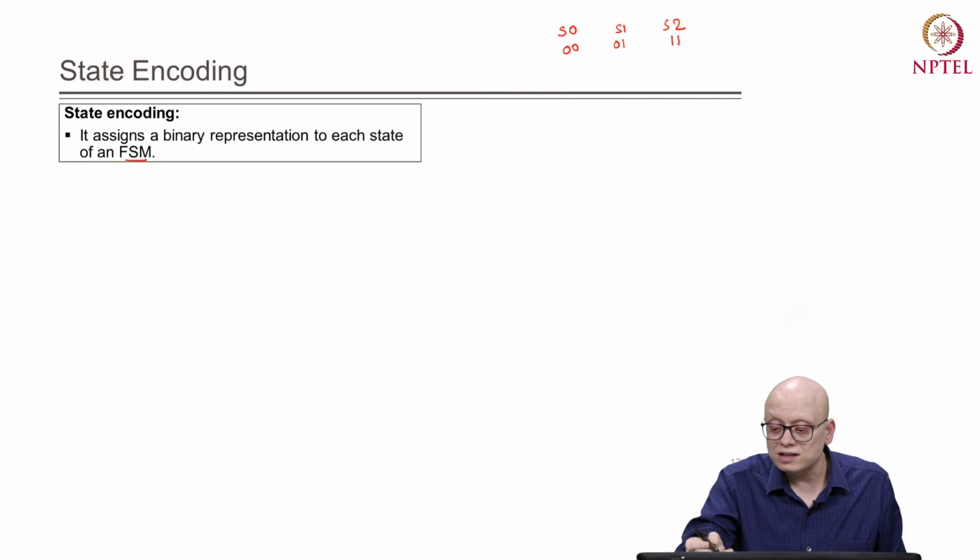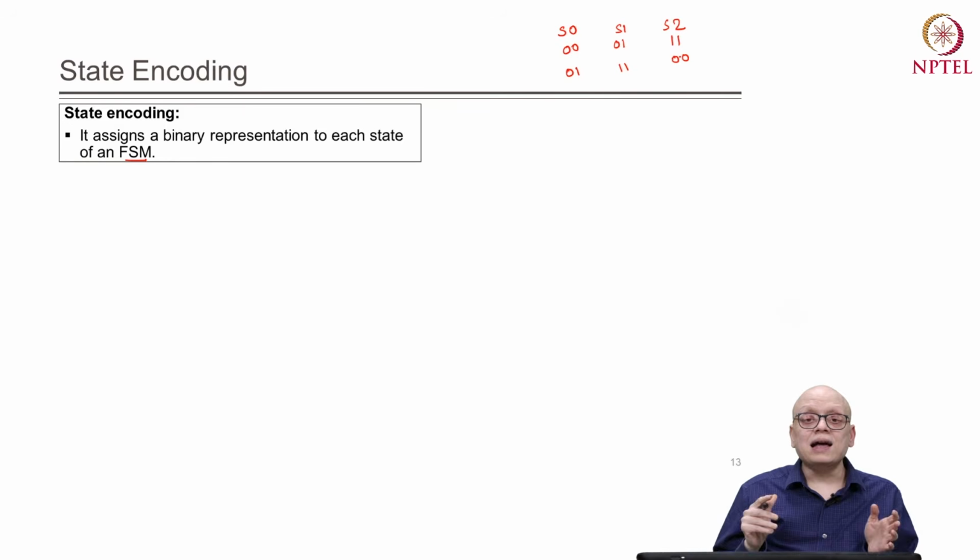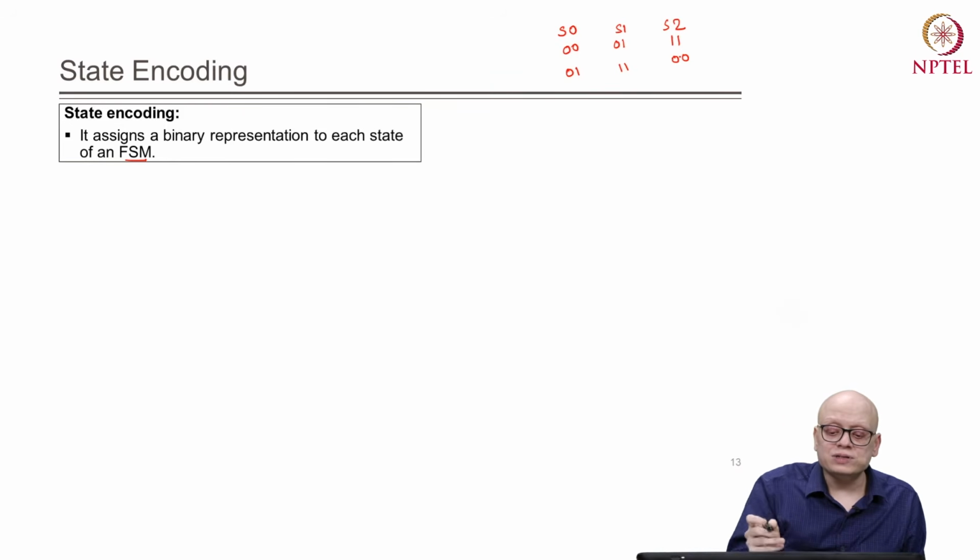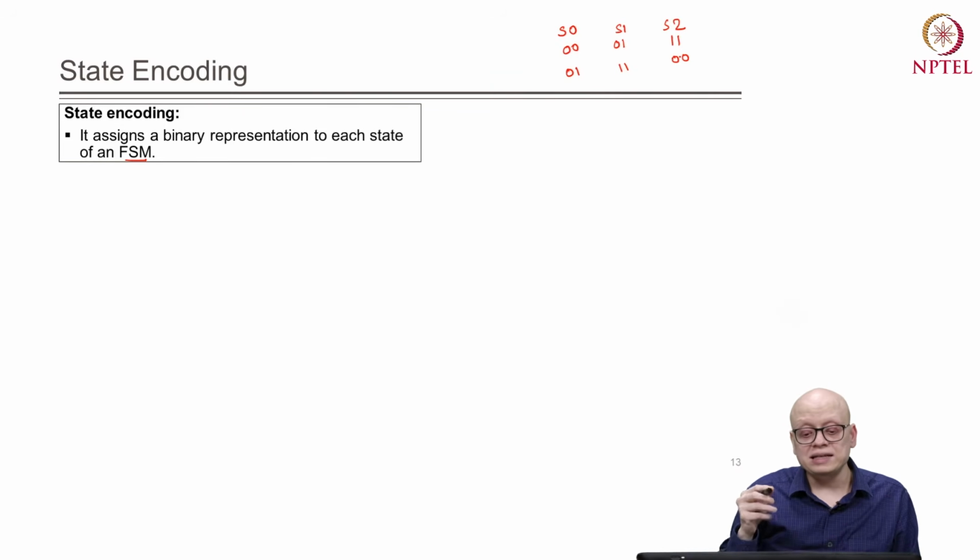We could as well have assigned this as 0 1, this as 1 1, and this one as 0 0, right. So, we can assign a binary representation to each state in many different ways, right.